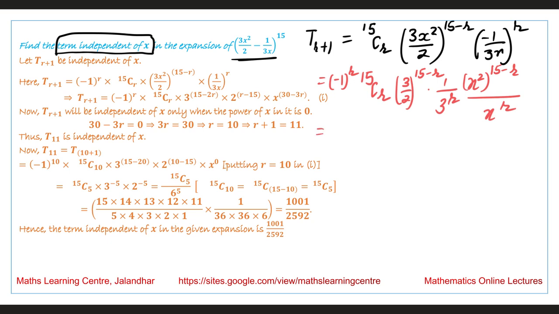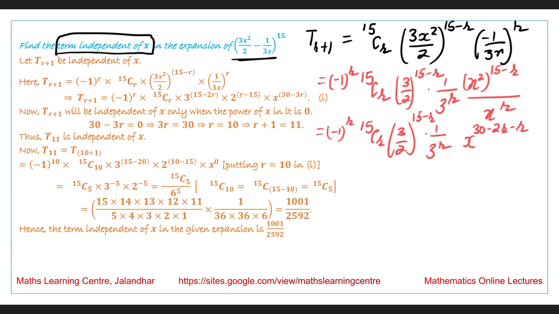So this is equal to minus 1 raised to the power r, 15Cr, 3 by 2 raised to the power 15 minus r into 1 by 3 raised to the power r, and the remaining term is x raised to the power 30 minus 2r minus r.